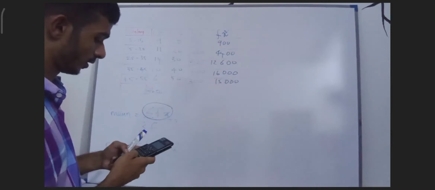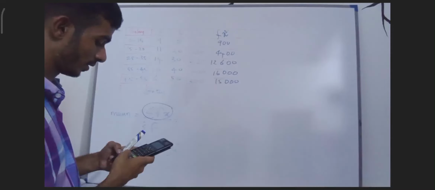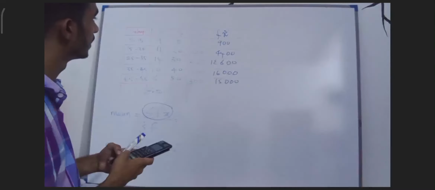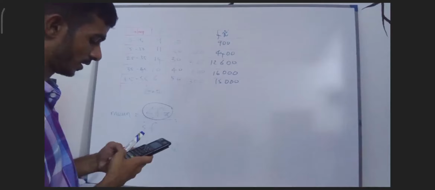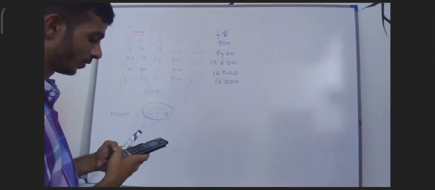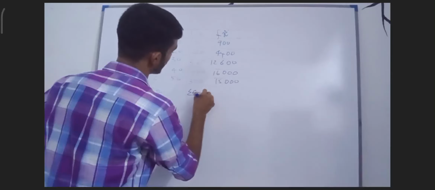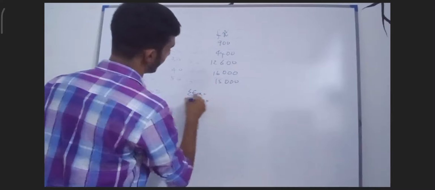Right, now 90 plus 220 plus 420 plus 400 plus 300 gives you 1430. Summation of fx is equal to 1430. And here you will need this one also.